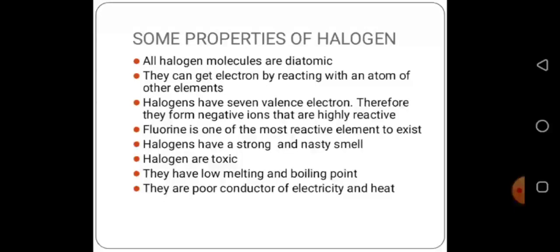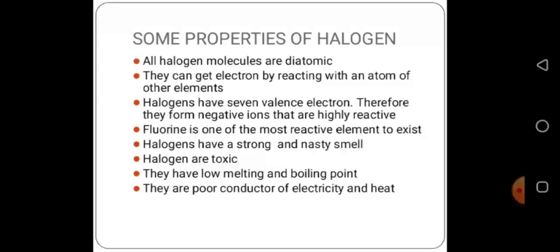So halogens have 7 electrons in their outermost shell. All of the halogens have 7 electrons in their outermost shell. That means they are looking for only one electron, and it forms a negative charge.